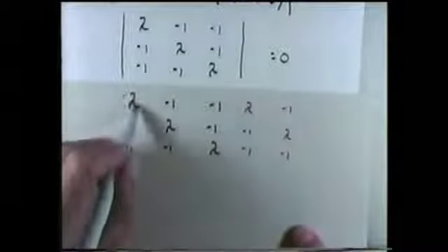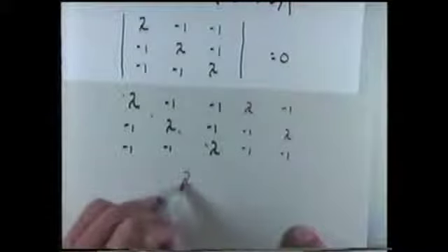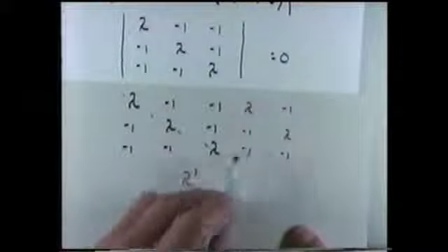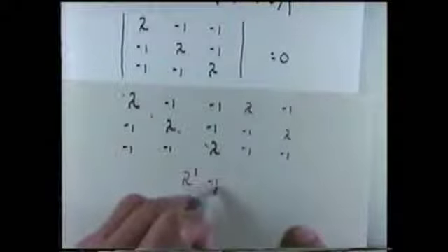Now, as we come down this way, that's going to give me lambda cubed. Negative 1 times negative 1 times negative 1 is going to be negative 1. Going back the other way, that's going to be positive lambda, but I had to reverse the sign, so that'd be a negative lambda.